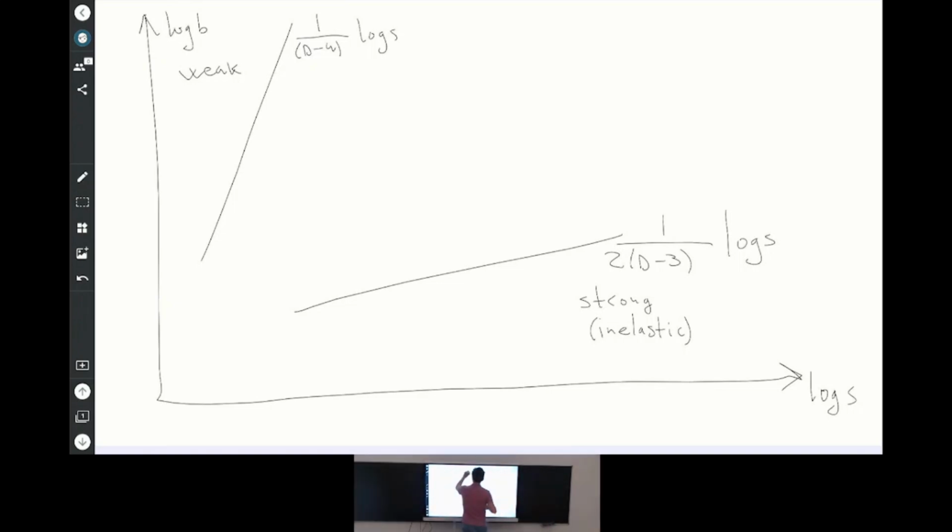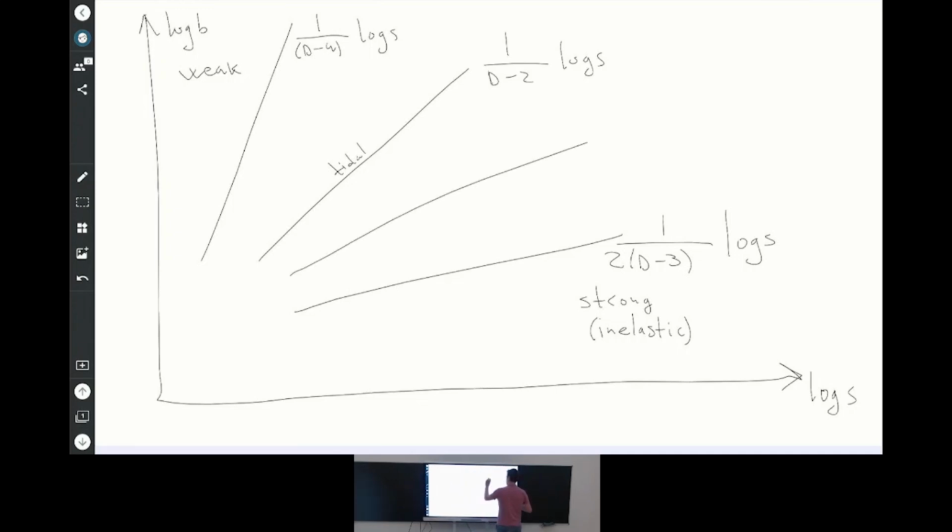Then we identified a couple of other mechanisms where inelasticity kicks in. So one was tidal, and another one was gravity waves, and I missed a factor of 2 here yesterday, if I remember correctly. Maybe not.